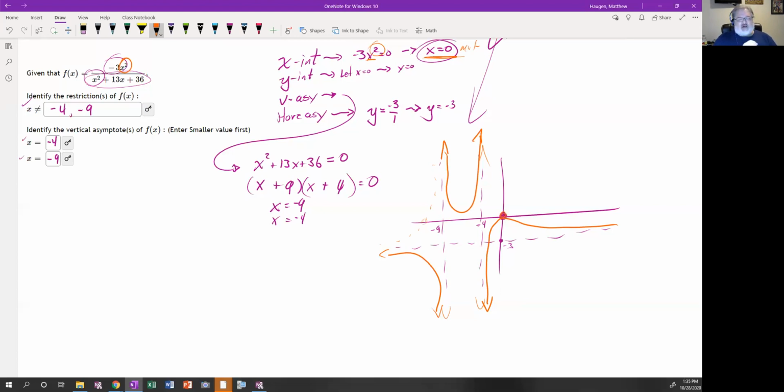There's like, well, are we looking for the vertex? Are we looking for the intercepts? Which thing are we looking for? And are we connecting that to the right tool? So like, okay, asymptotes. What do I need when I want to find asymptotes? Well, it depends. Are you finding a vertical asymptote or a horizontal asymptote? You've got to be real specific about what tools for what you're looking for.